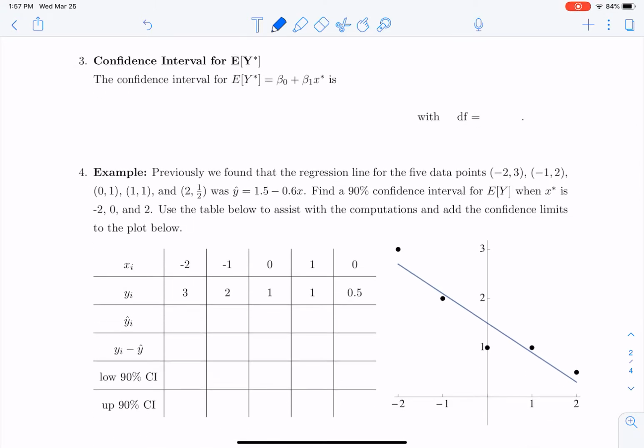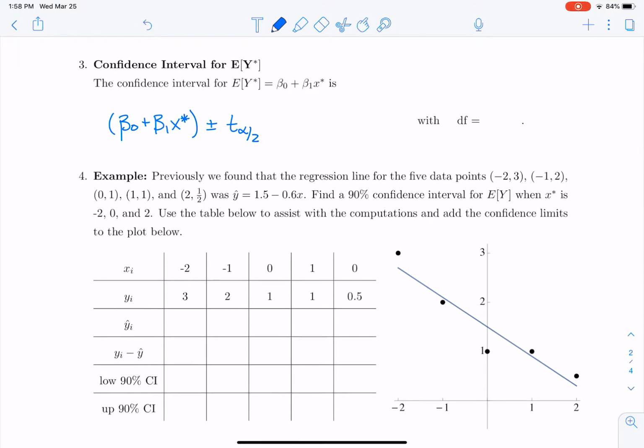So the confidence interval we're going to write as beta 0 plus beta 1 x star, like we've written before, plus or minus, and now we want the t statistic, t sub alpha over 2, multiplied by the standard deviation of y star, or the standard error, and that is going to be s times the square root of 1 over n plus x star minus x bar squared over s sub xx. And the degrees of freedom for this problem is going to be n minus 2.